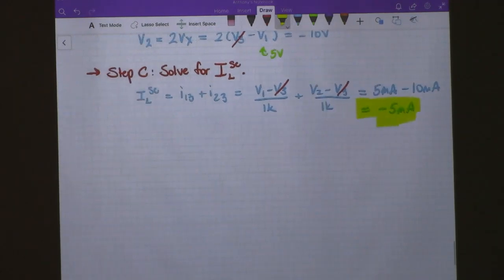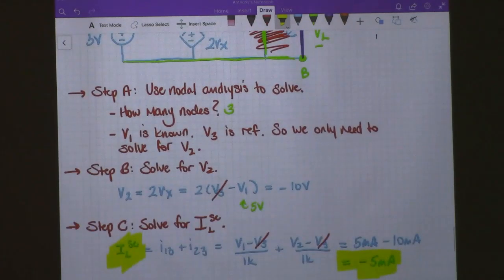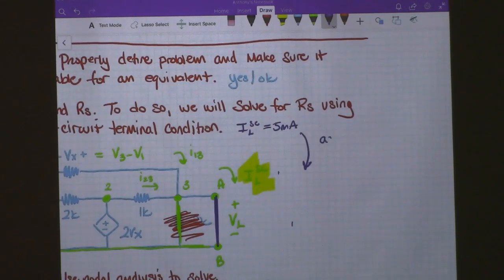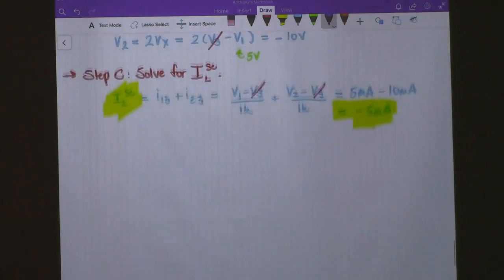All right, so that is the answer to this step 1. ILSC equals 5 milliamps. All right, next.